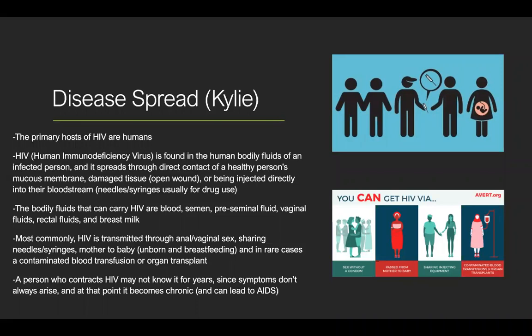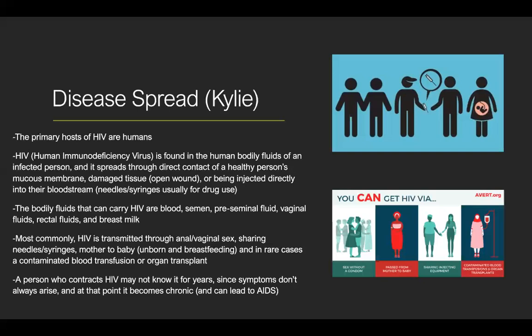And it spreads through direct contact, through a mucous membrane, a damaged tissue such as an open wound, or the disease being injected directly into the bloodstream, which is a cause of using needles and syringes that are non-sterile, which are usually for drug use. And the bodily fluids that can carry HIV are blood, semen, preseminal fluid, vaginal fluids, rectal fluids, and breast milk.